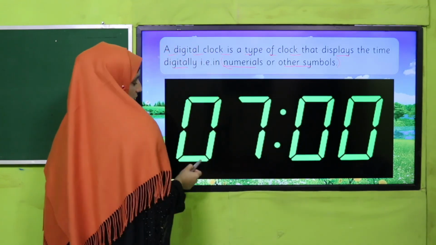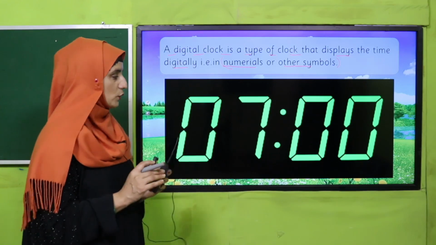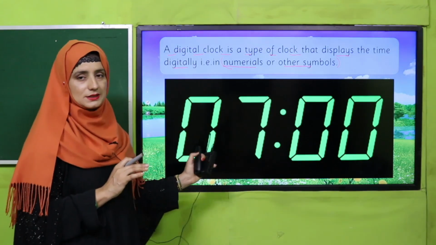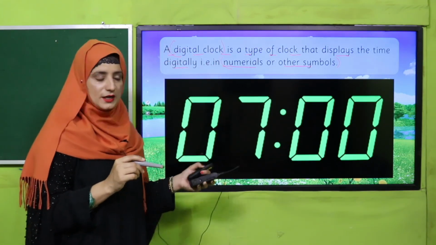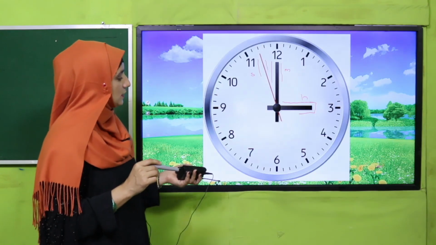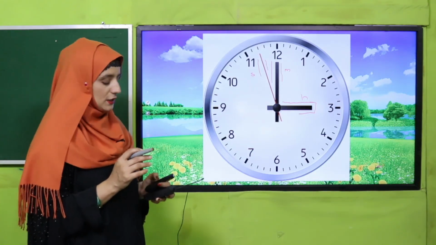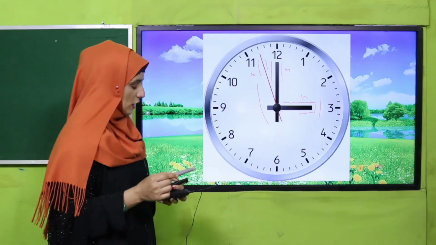We can easily see its time, it's 7 o'clock. This time format and this type of clock is called a digital clock, and the other clock I have already shown you is called a wall clock, a simple clock where we get time according to the hands of the clock. Have you got that?